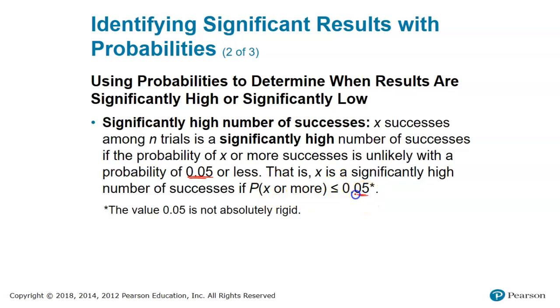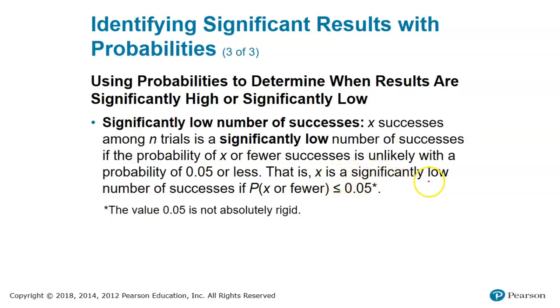Again, this can change depending on what we're talking about, but 0.05 is a good guideline for determining if something is, sometimes referred to as unlikely, sometimes significantly high or significantly low, and so forth. So the probability of X or more has to be less than or equal to 0.05 to be significantly high.